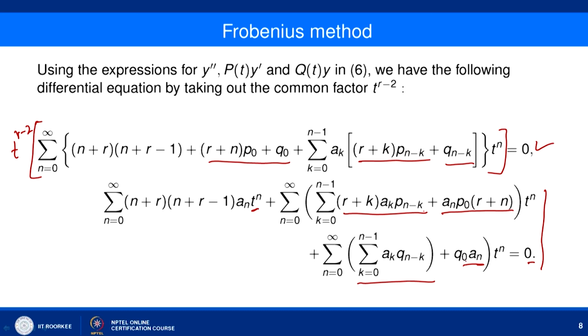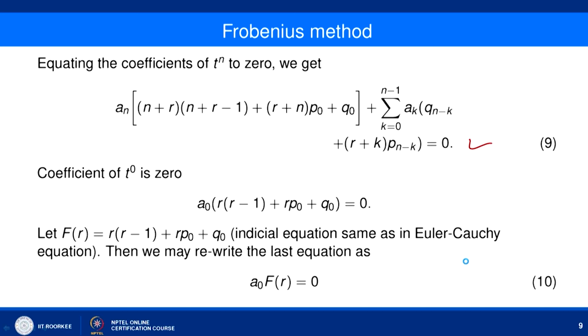So this is the coefficient, a naught into r into r minus 1 plus r p naught plus q naught equal to 0. Here we will not get any contribution from this sum. So here we are just using this expression for n equal to 0, and we get a naught into this expression.